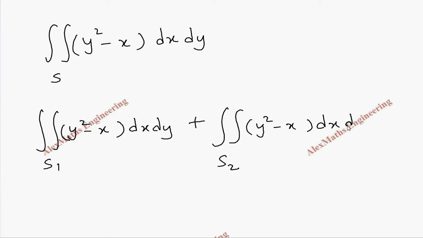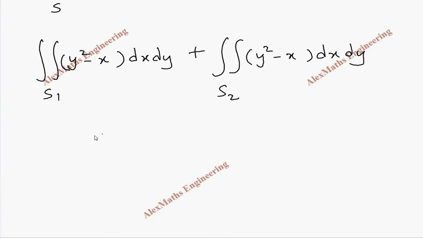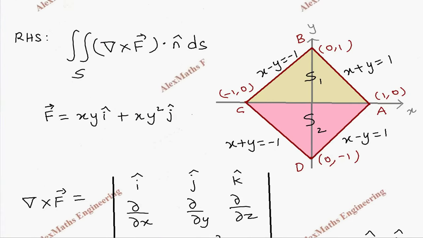Now the double integral of y² - x with respect to x, then with respect to y. So for the S1 region, the x limit, if I take a horizontal strip here, I have to take from this equation. x here is, when I take the y to the other side, y - 1, and here when I take x, it is 1 - y.